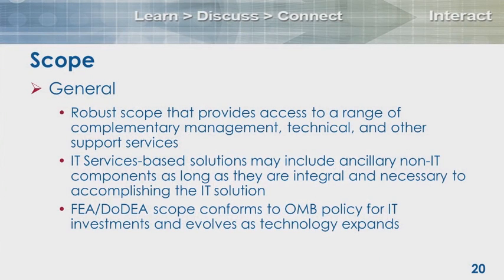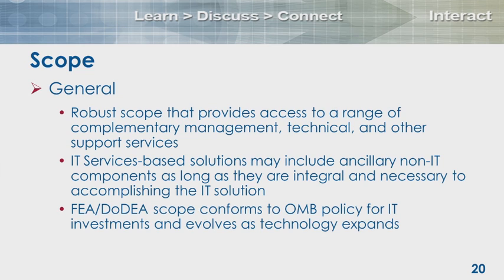Okay, let's talk about scope. Alliant and Alliant Small Business GWAC share the same scope, okay? It is very robust. It provides access to a full range of complementary management, technical, and other support services.